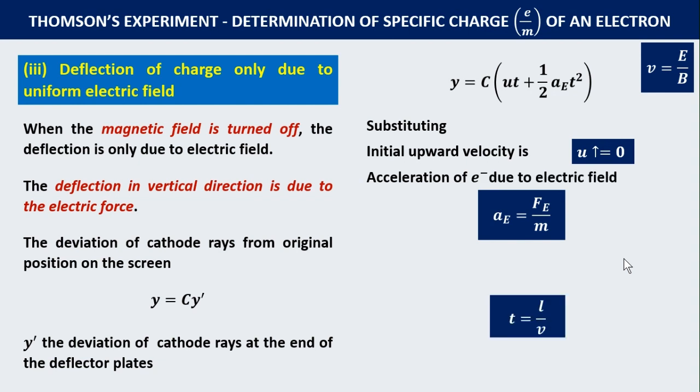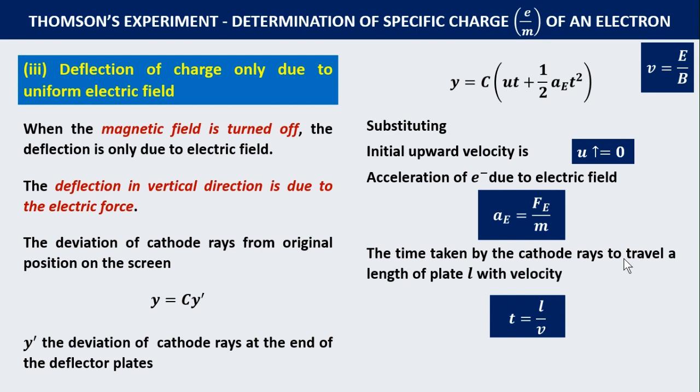Then we substitute the time taken by the cathode ray to travel through a length L. t equals L by v, the time taken by the cathode rays to travel a length of the plate L with the velocity v. So y equals c times half Fe by m multiplied by L by v the whole square.